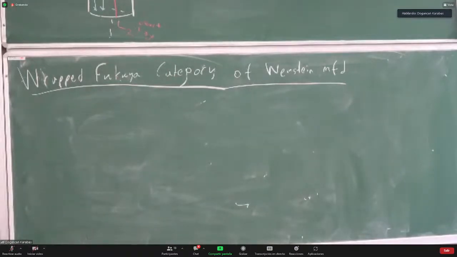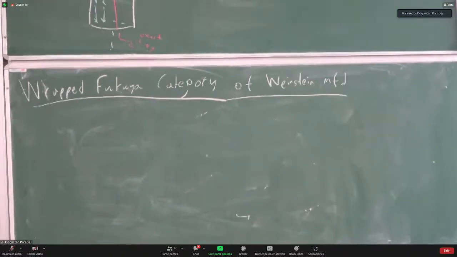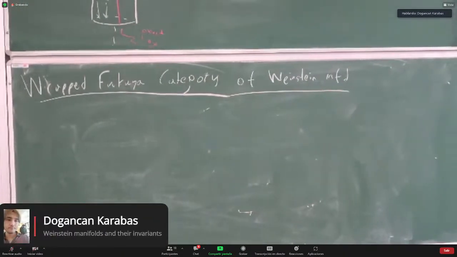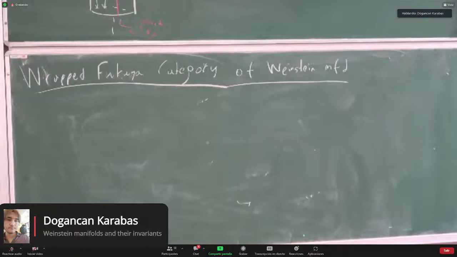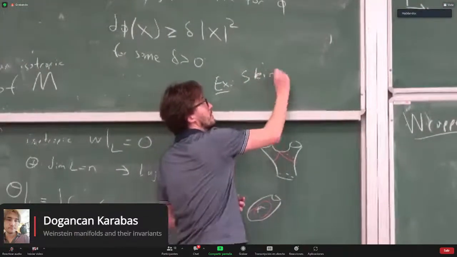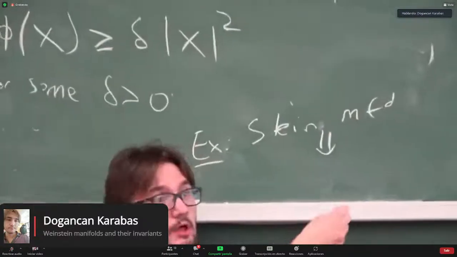Okay, so maybe one more. Actually, there was one nice property of this, which is that there is a handle decomposition of Weinstein manifolds, so you can build them using handles. Sorry, I keep remembering some important stuff. One more thing is that any Stein manifold can be a Weinstein manifold.